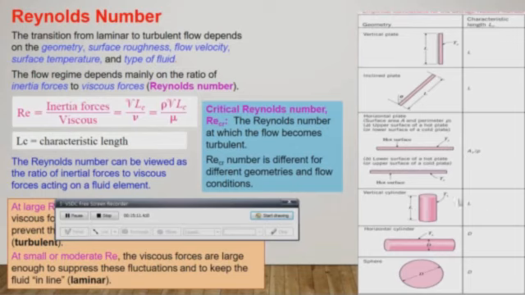And then again, this one is L, but for this one it's going to be D, and also for a sphere it is D. So like I mentioned just now, Lc depends on the geometry of the object.